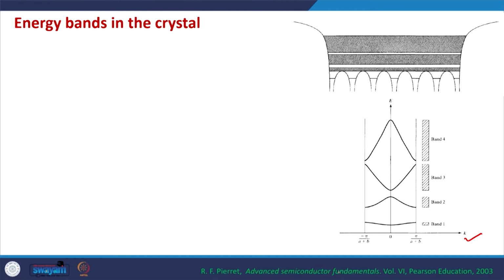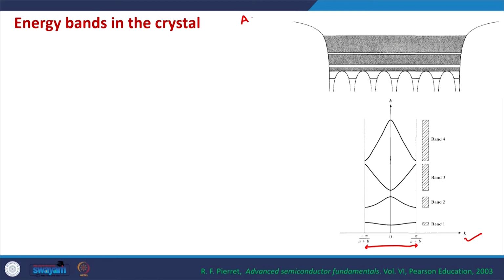As we discussed in the last class, there are certain conditions that naturally come from the solution of Bloch's theorem, which we can see from its derivation, but which we can also see from the statement of Bloch's theorem. One of those conditions is that all K values lie in a range of 0 to 2 pi by the period of the potential profile, or from minus pi by A to plus pi by A, where capital A is the period of the potential profile.